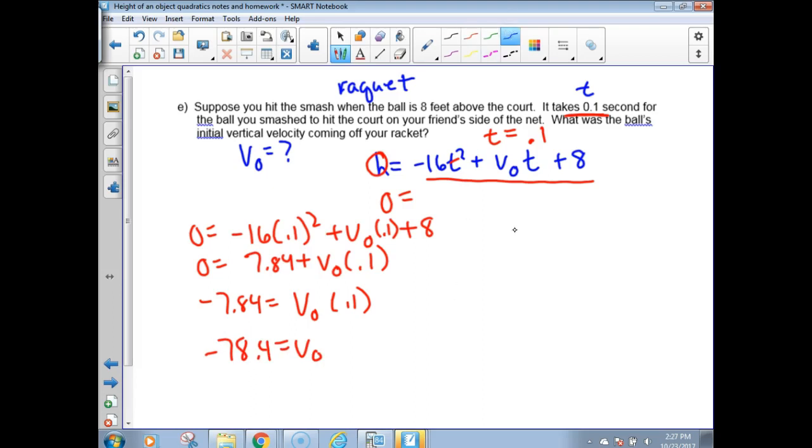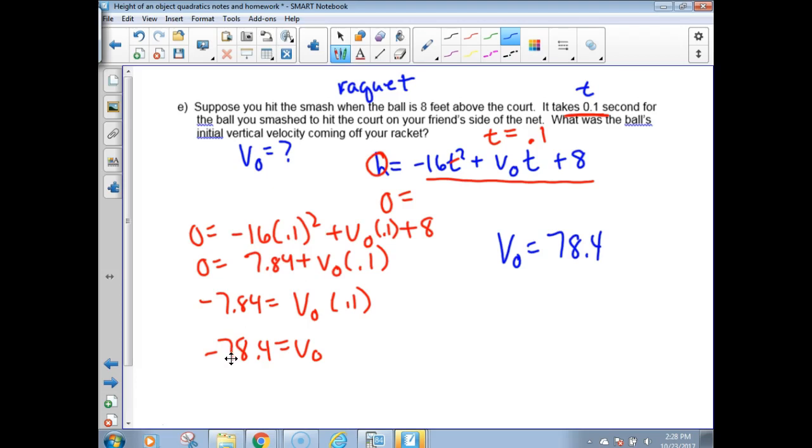Well, how can I interpret that? Because that's not a good enough answer. Your initial velocity was negative 78.4. Why is it negative? Relate to the problem, guys. Why did it turn out to be a negative 78.4?